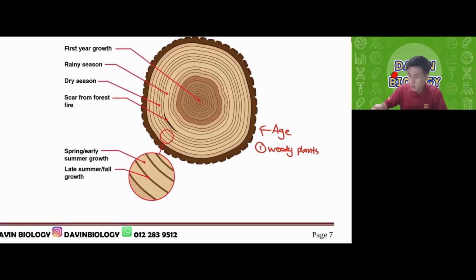Okay. Number 2. Okay, who remember or not? Not necessarily all your woody plants can form the rings. Usually what region, plants at which area only can form these annual growth rings?